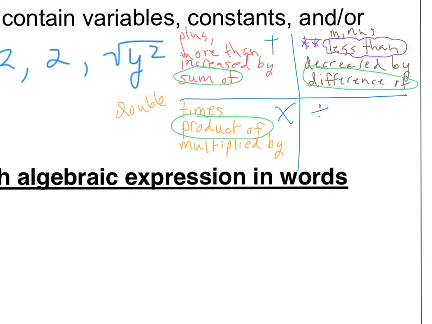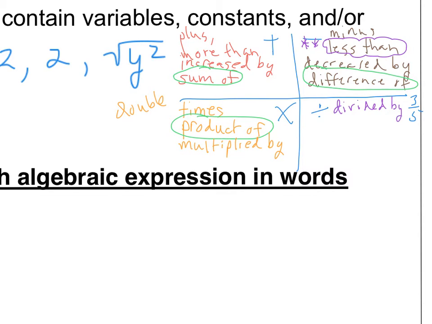And then for division, clearly if we looked at this fraction and you were to read that, technically you would want to say that it is 3 divided by 5.